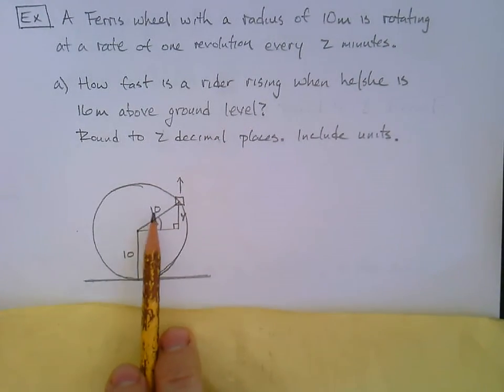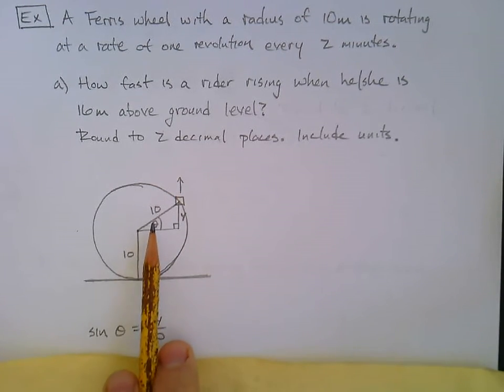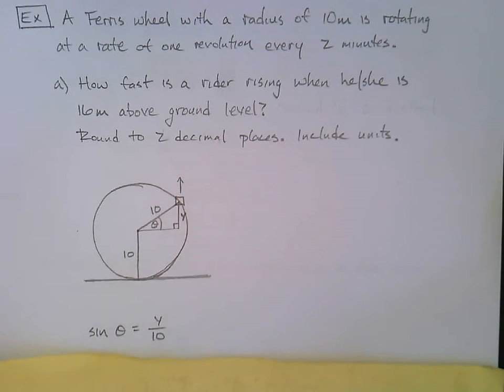Theta, opposite over hypotenuse. Isn't that sine theta equals y over 10? Perfect, we've done it. We got the equation. That's the hardest part. And it really came from that drawing and realizing that angle is changing. Once you had that, then the equation was right there.